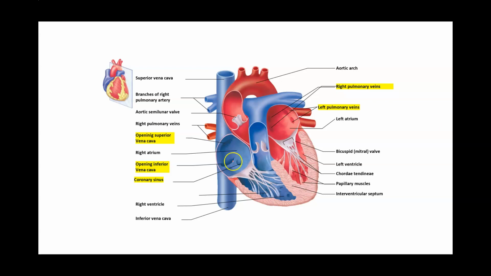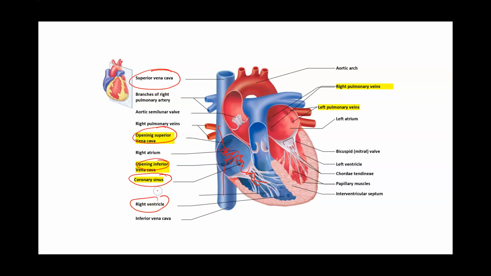Blood comes into the right atrium via the superior vena cava, the inferior vena cava, and the coronary sinus. From there, the blood passes the tricuspid valve into the right ventricle.